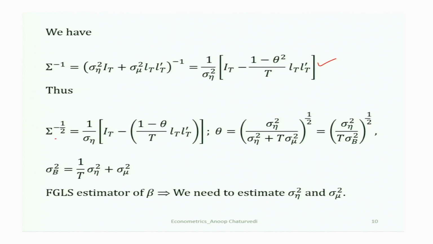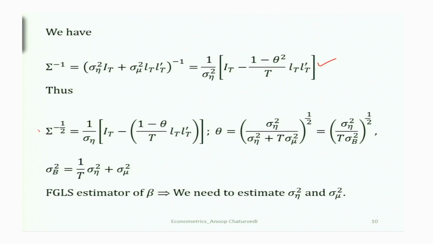Further, if we take sigma to the power minus half, then this is equal to 1 upon sigma eta, then you have [I_T minus (1 minus theta) upon T L_T L_T transpose].